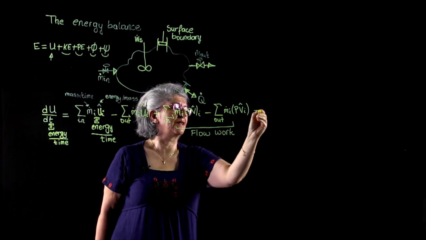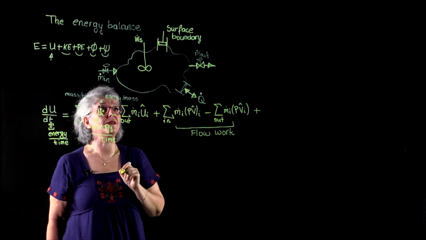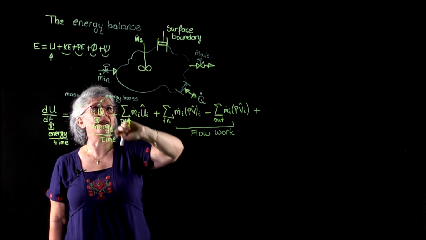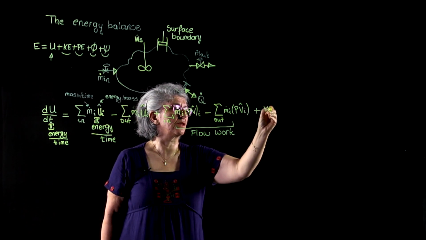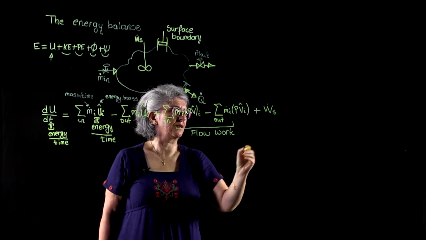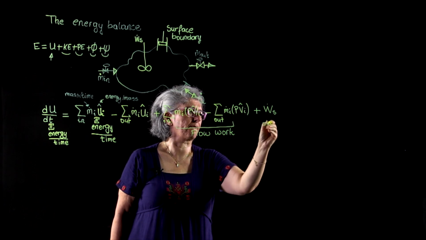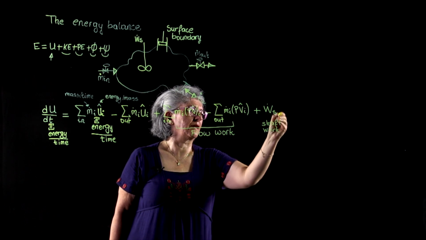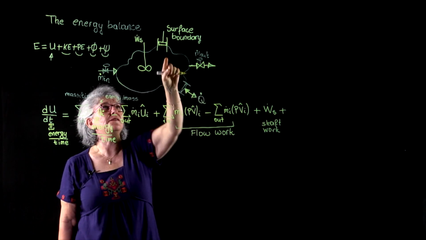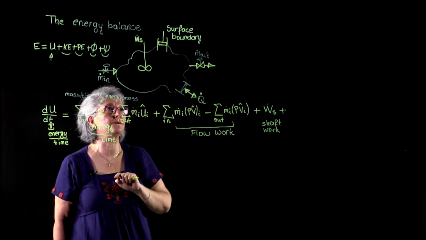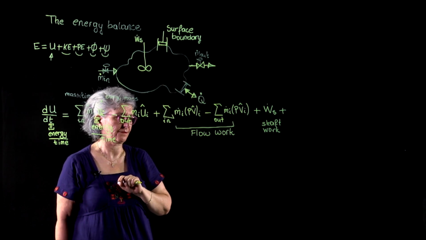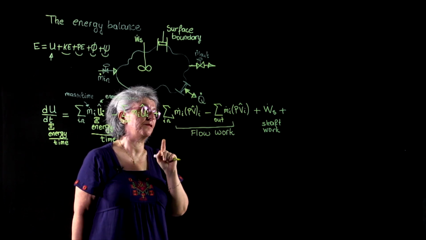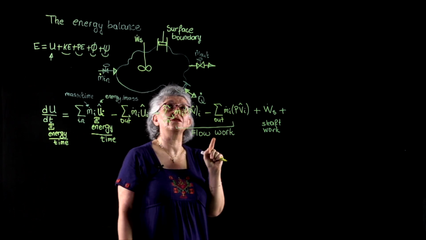We need to take other work terms into consideration. What else do we have? We have shaft work. This is the shaft work. What else do we have? We have surface boundary work. Surface boundary work is a direct consequence of Newton's law.